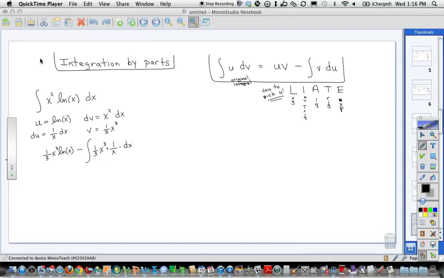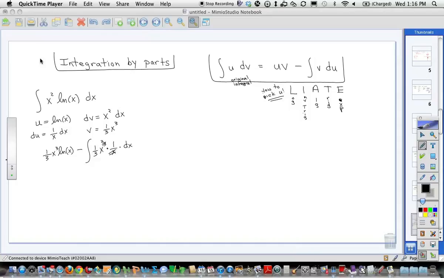Then what? Cancel an x, absolutely. Do not try to do antiderivatives of each piece separately. You can't do an antiderivative of a product that way. It does not work. You have to see that it simplifies into 1/3 x squared.